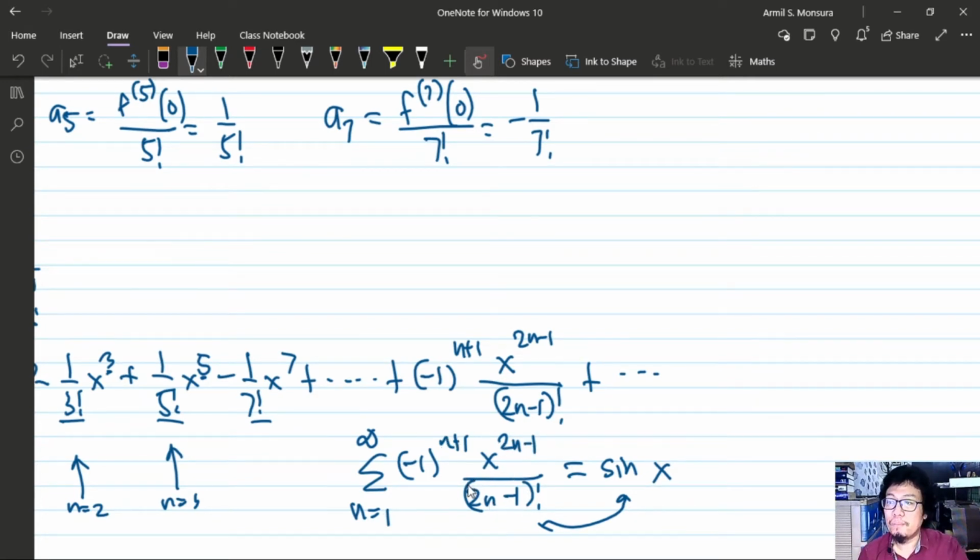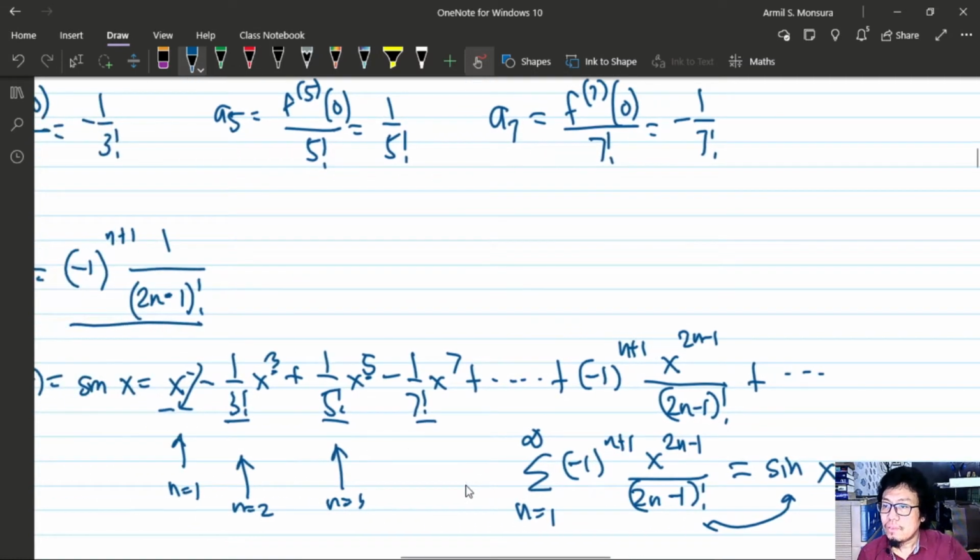For example, the power here should have been 2n plus 1. So if this is 1, that's 2 plus 1, and for 2 it's 2 times 1 plus 3. It actually depends on where you want to start your series.